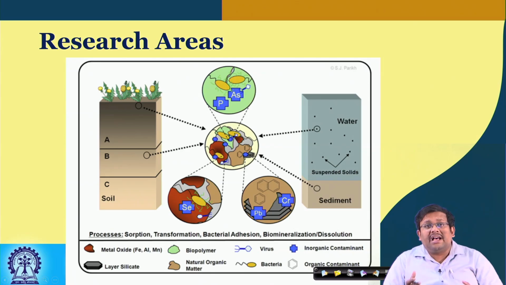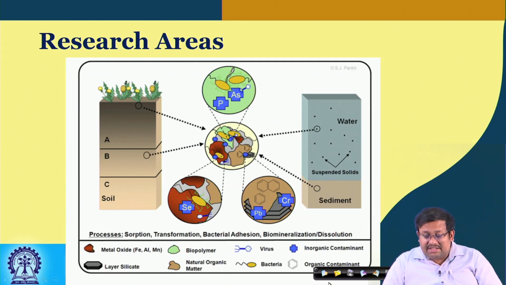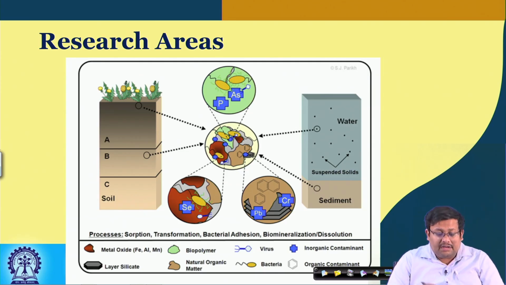So, at last I just want to focus on this slide, which basically shows the contemporary research areas in the environmental soil chemistry domain. There are a number of advanced domains of research nowadays in environmental soil chemistry.